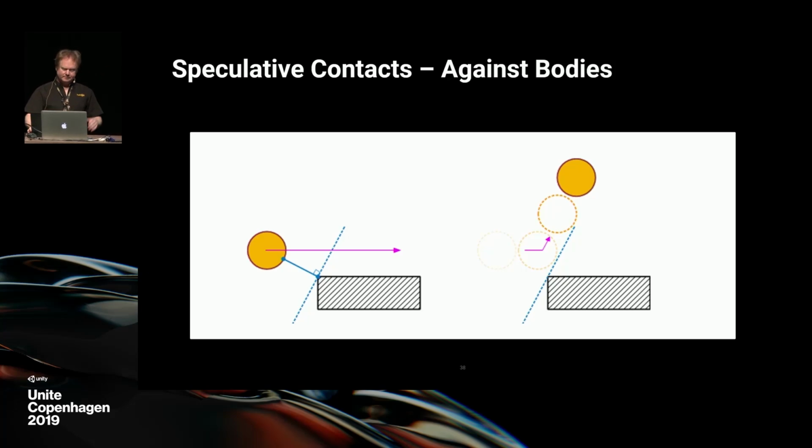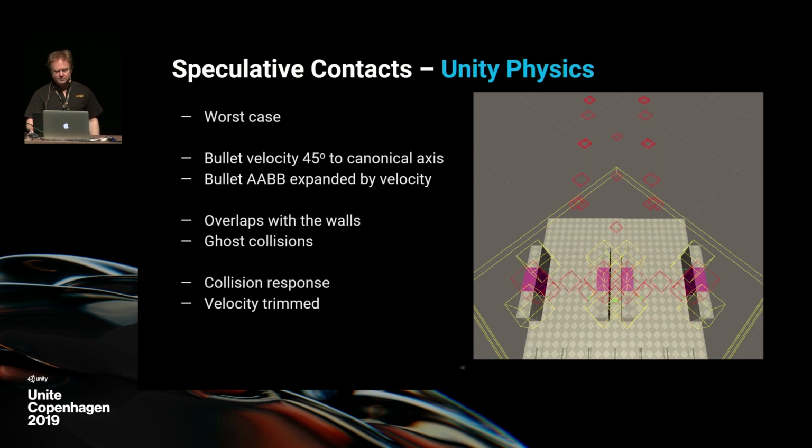So when we come to Unity physics, this particular scene is just a worst-case scenario again, and you probably wouldn't be firing tiny balls through the world. You'd probably be using raycasts, but it does highlight the issues. This is a set of corridors, a very thin corridor in the middle, and slightly wider ones to either side.